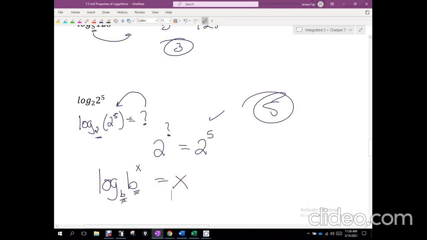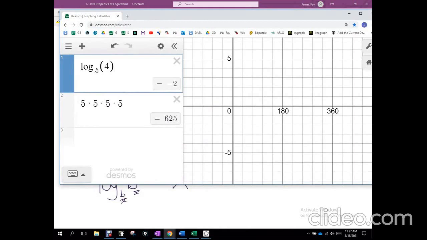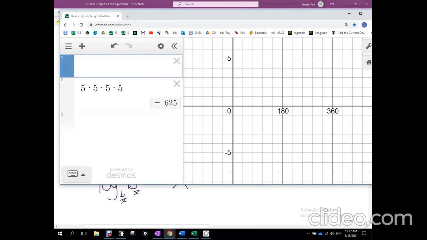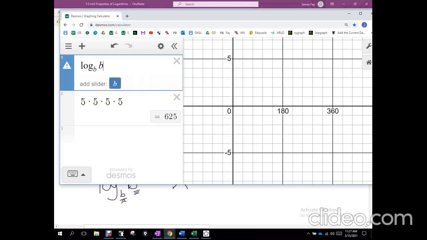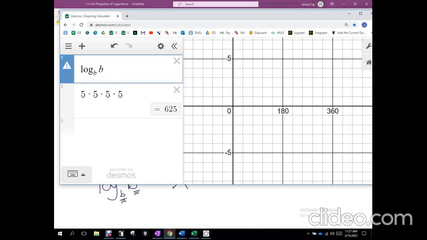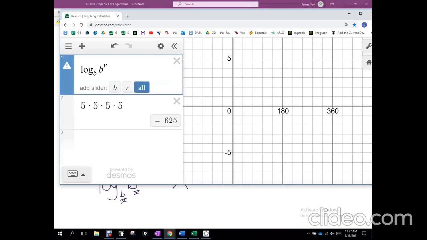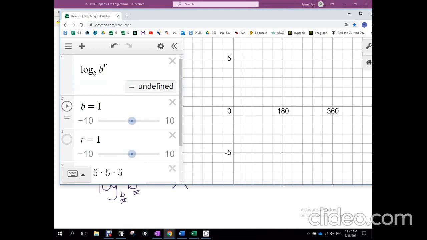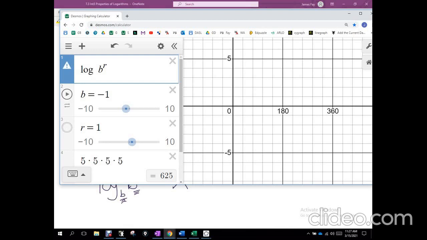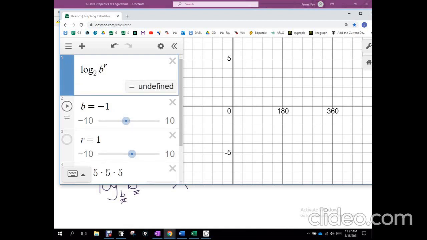We'll see if that makes sense visually here with Desmos. Let's say I go log base b of b to the, let's just say r here. Okay, now I got to create sliders for all of these things. And let's make base a specific value.